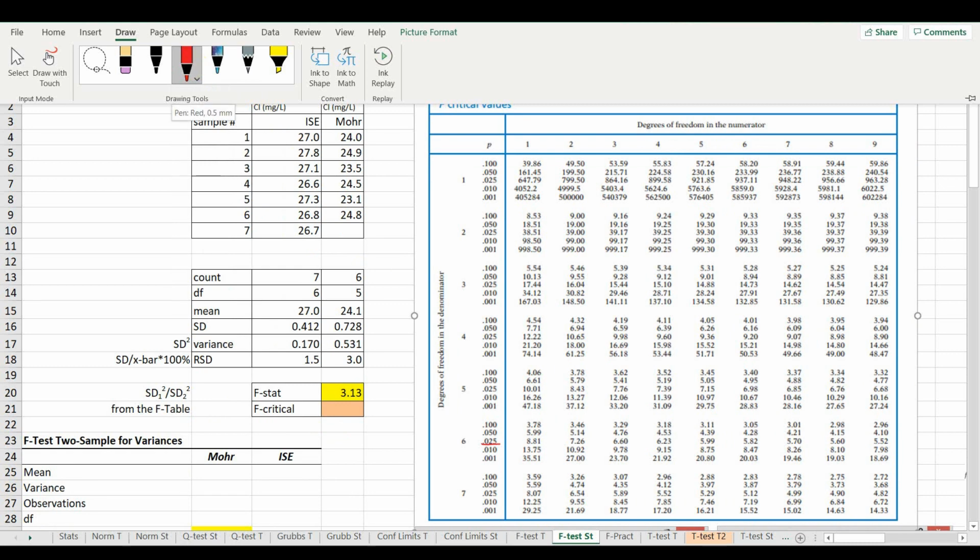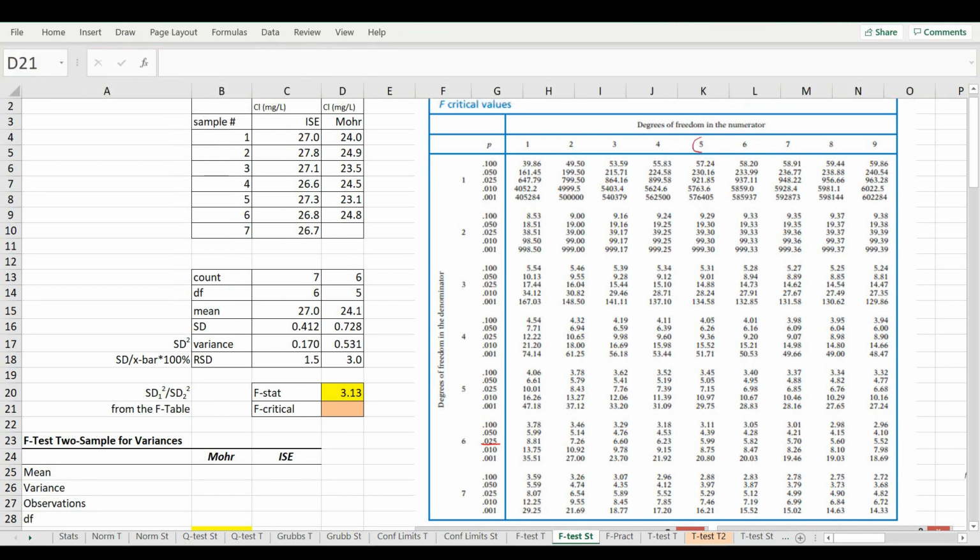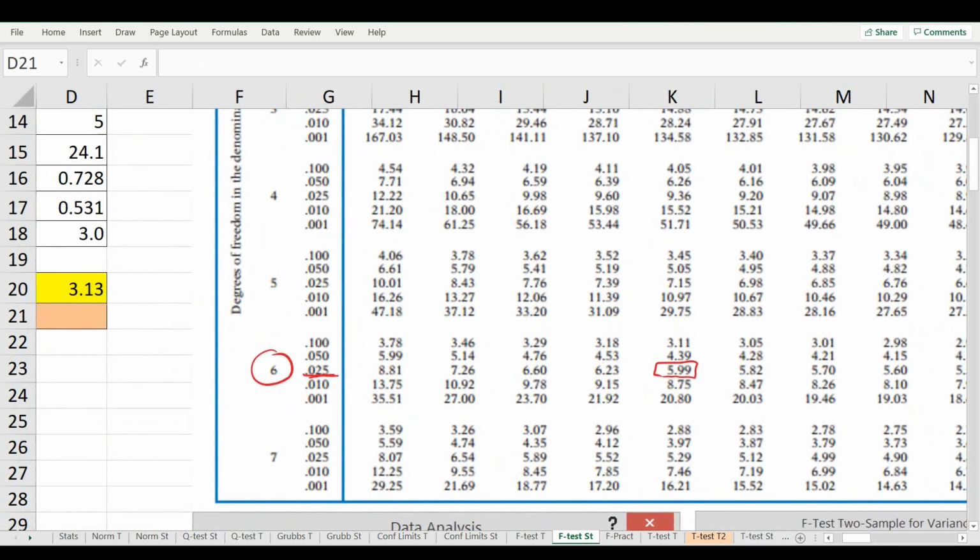Here we have 5 degrees of freedom in the numerator, 6 degrees of freedom in the denominator. We want the 0.25 alpha value, which is 5.99, is our F critical value at the 95% confidence level.